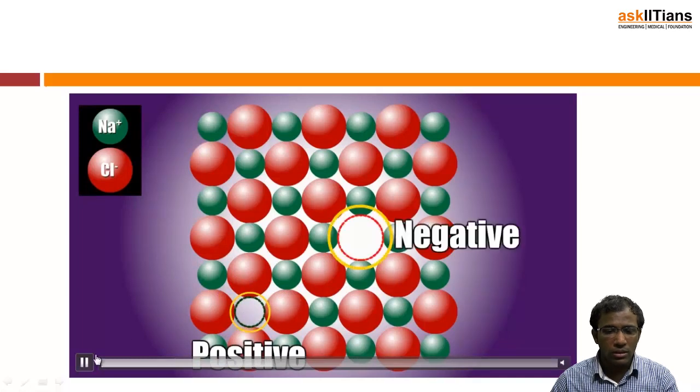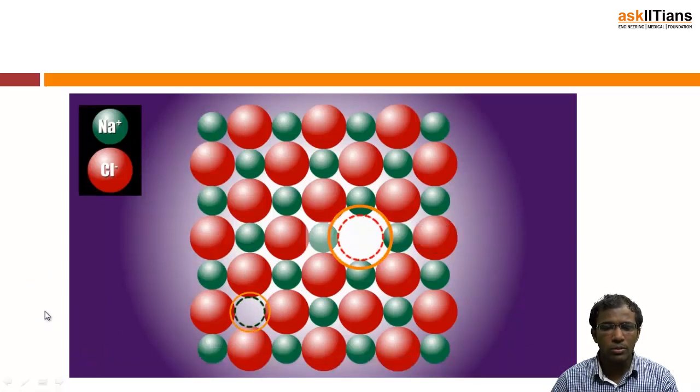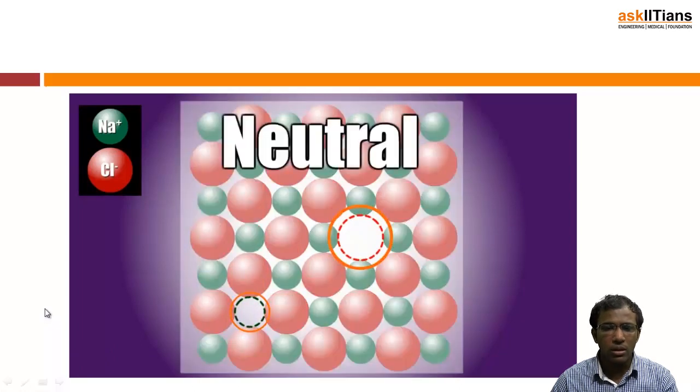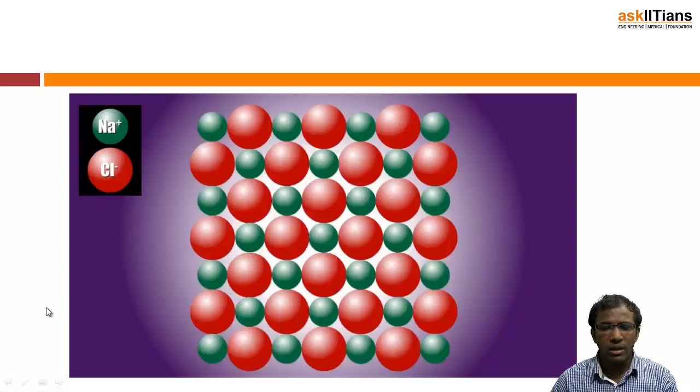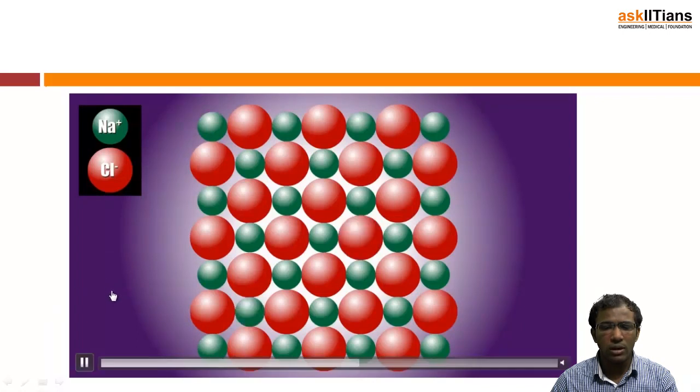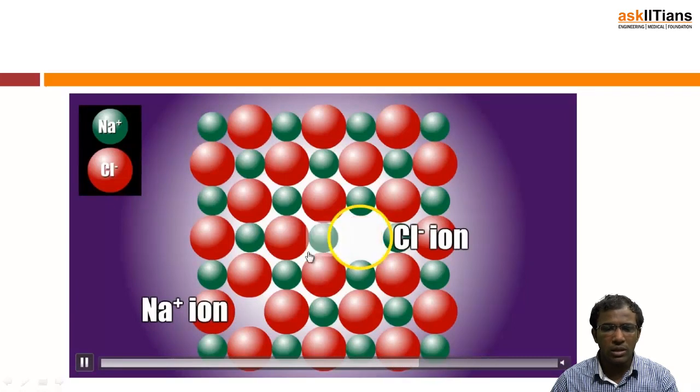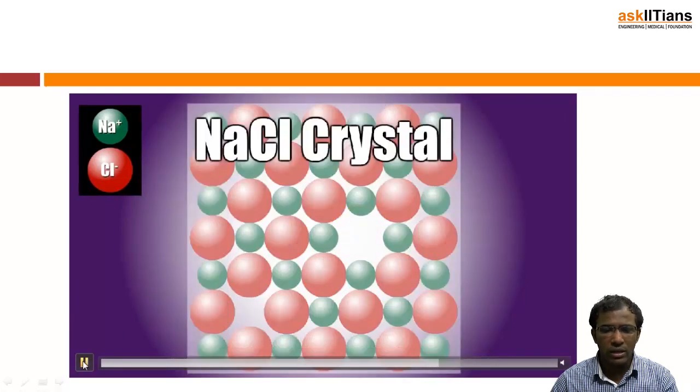Here, since one positive ion is missing and one negative ion is missing, the crystal is going to be neutral, because the total number of positive ions missing is equal to the total number of negative ions missing. So one sodium ion and one chloride ion are missing from their sites, which are known as lattice vacancies.